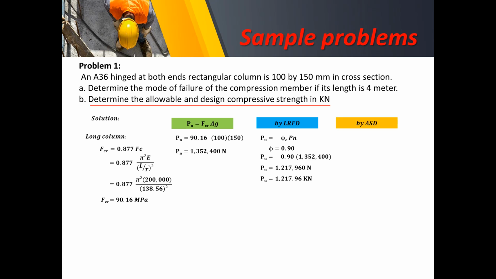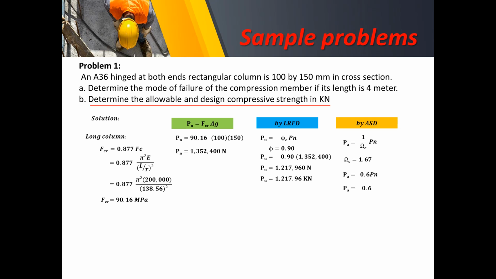Now, by allowable strength design, we get the allowable load by this formula. It includes omega for yielding, which is equal to 1.67. So we simply multiply our Pn to 0.6 in order to derive our allowable loading.